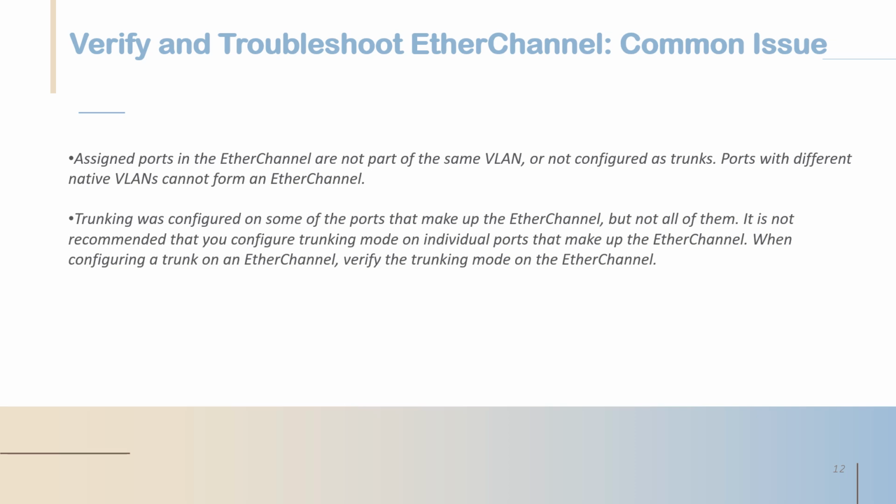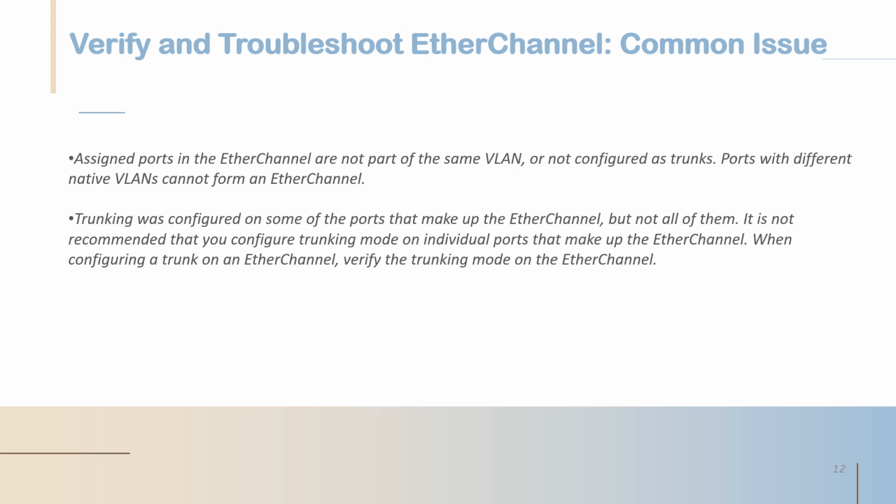Then we have trunking that was configured on some of the ports that make up the EtherChannel, but not on all of them. It is not recommended that you configure trunking mode on individual ports that make an EtherChannel. When configuring a trunk on an EtherChannel, verify the trunking mode on the EtherChannel.